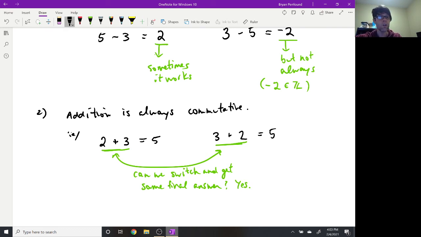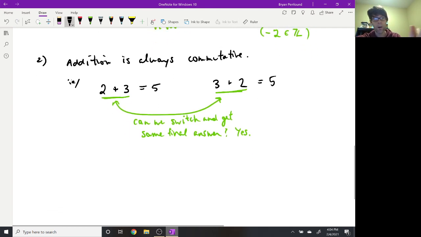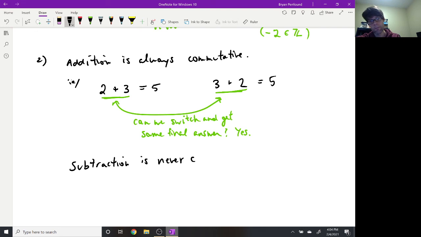For addition, that's always true. It doesn't really matter what order these 2 numbers come in, I always get the same sum. However, when it comes to subtraction, subtraction is actually never commutative. In other words, the order in which we perform the subtraction is actually important.